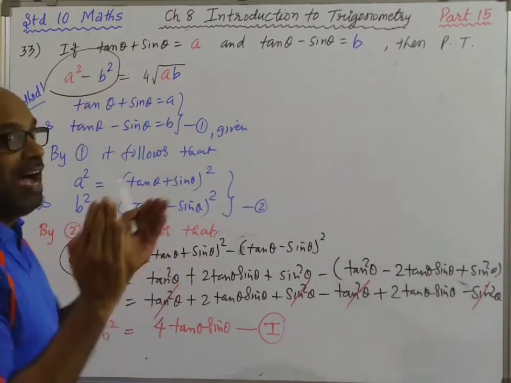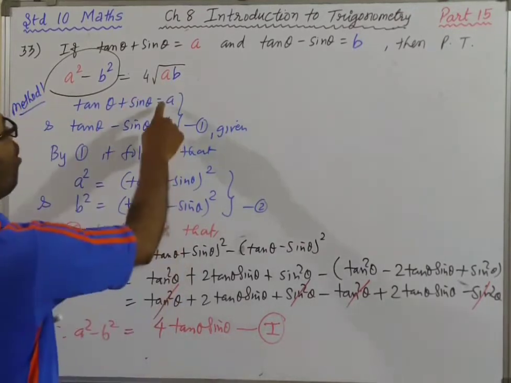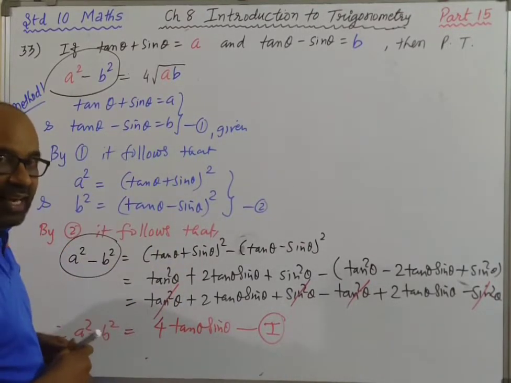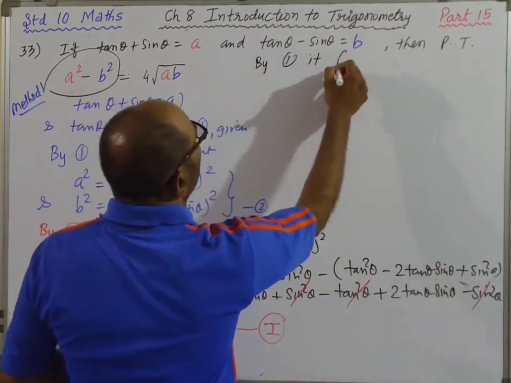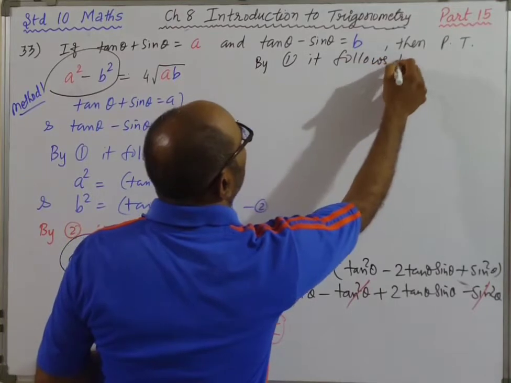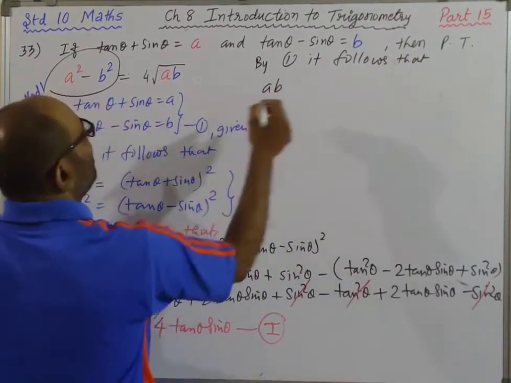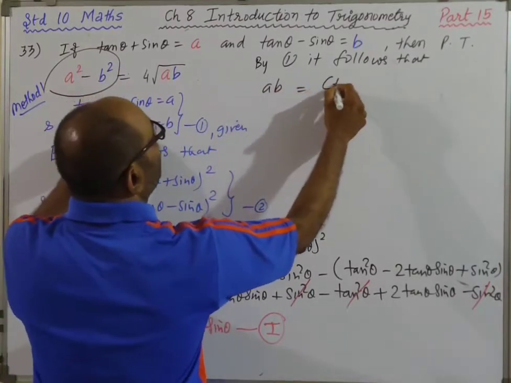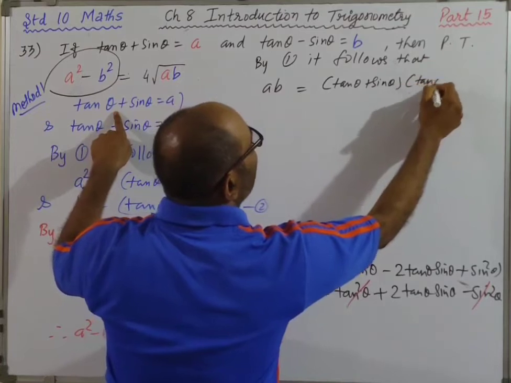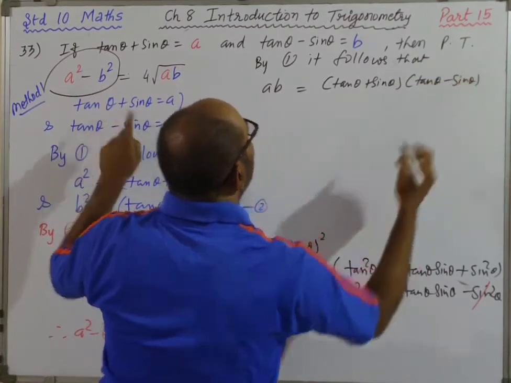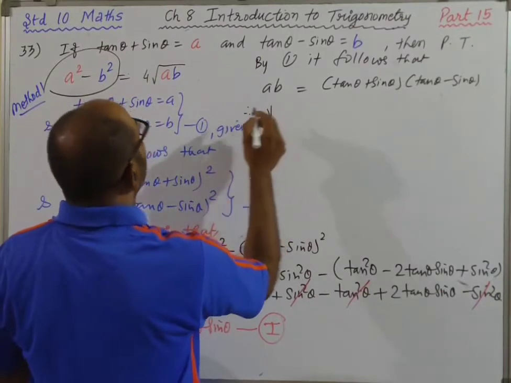अब I am going to build up my right hand side, which is root ab. Now a और b तो already है ही, correct? So मैं by 1 it follows that a into b is equal to tan theta plus sin theta into tan theta minus sin theta. लेकिन मुझे तो स्क्वायर रूट चाहिए, so taking square root on both sides.